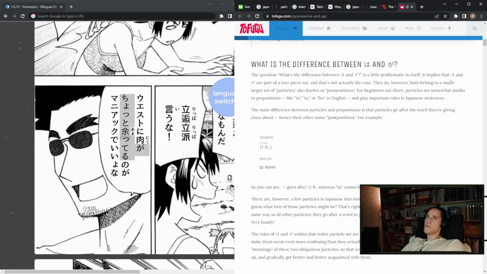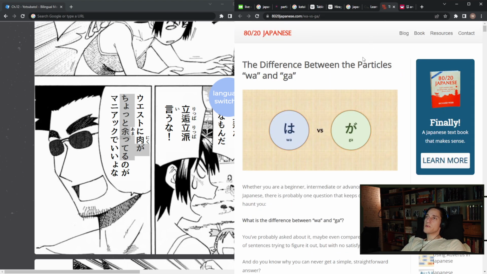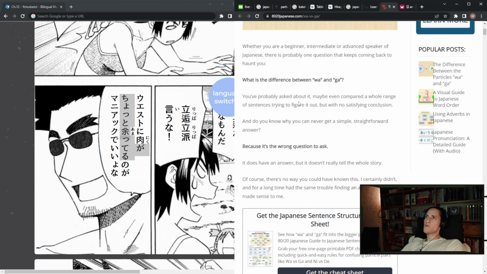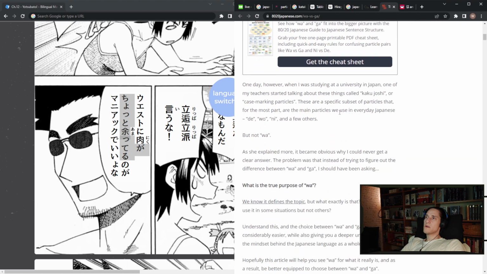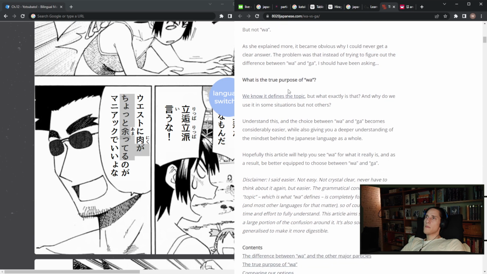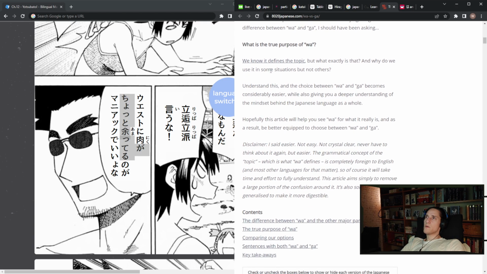They do, however, both belong to a much larger. Okay, give me something shorter. You've probably asked about it because it's. What is the true purpose of wa?